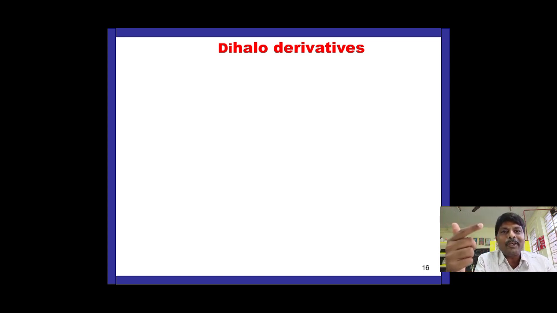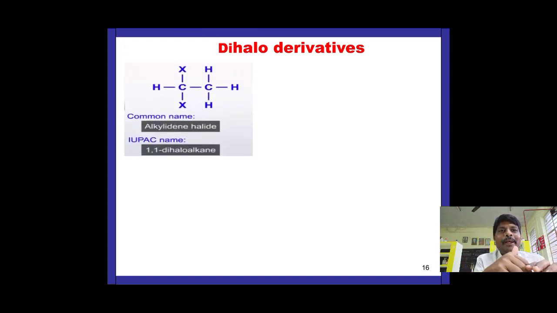Some other examples. Dihalo derivatives are classified into two types. Dihalo means two halogens are there. If two halogens are on the same carbon, that is called gem. If two halogens are present on adjacent carbons, 1, 2, alpha beta, then it is called vicinal.